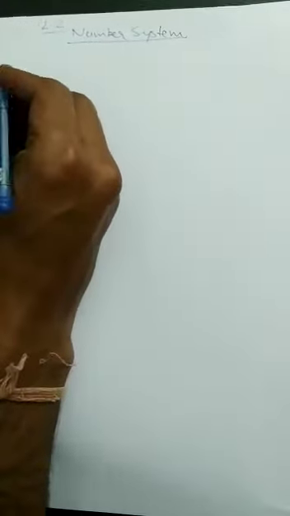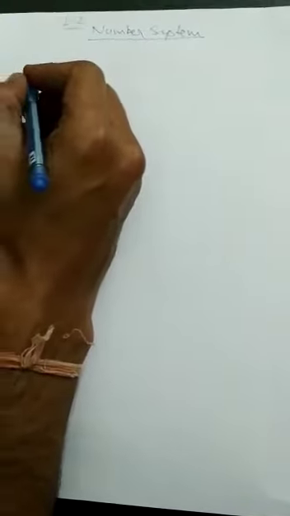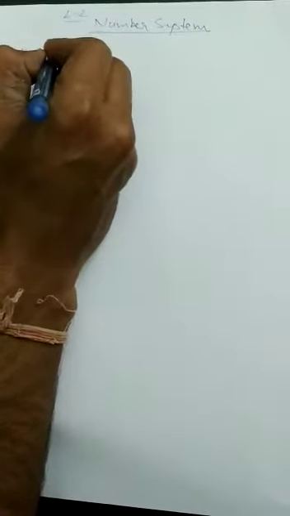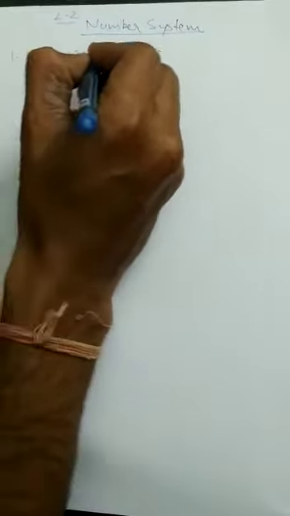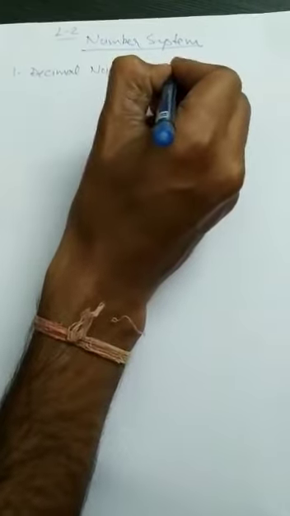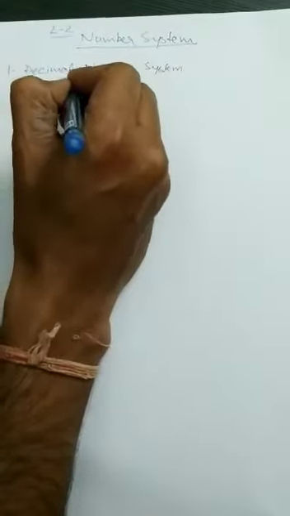But later on there was the development of four types of number system. First is the decimal number system, that we commonly use in our mathematics. In the decimal number system there are 10 digits.